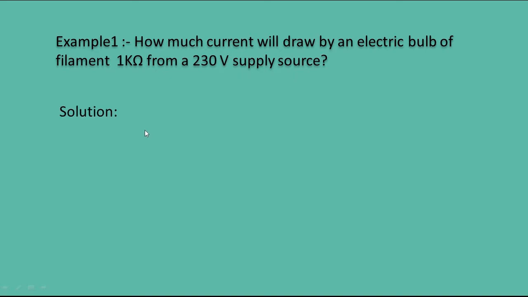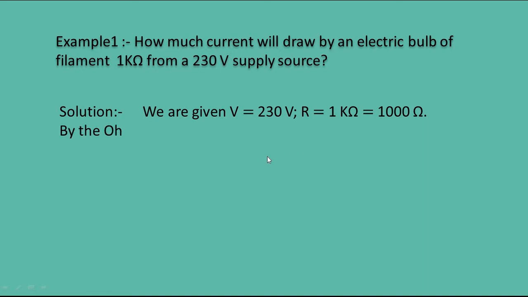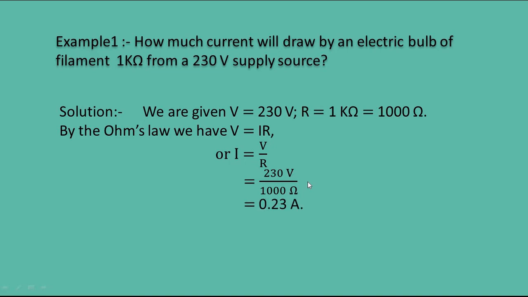We are given here V equal to 230 volt and R equal to 1 kilo ohms, which is equal to 1000 ohms. By Ohm's law, V equal to IR or I equals V upon R. We simply put the value of V as 230 volt and R as 1000 ohms, and we are getting a current of 0.23 amperes.